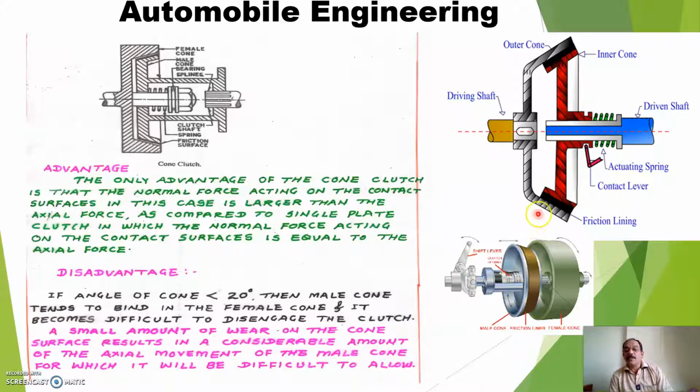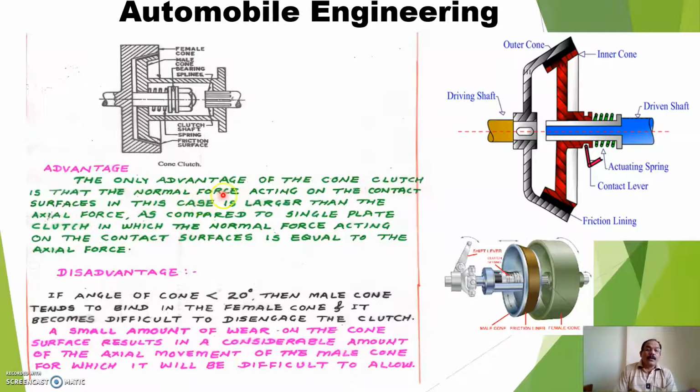This type of clutch is very compact and very positive. For disengagement, these clutches may create a problem. You can observe there are two cones, one the input shaft and another the output shaft. In this figure you can observe how the cone clutch works.